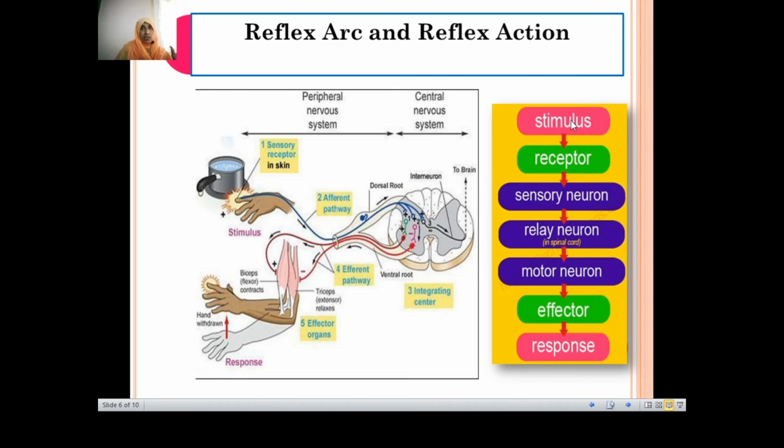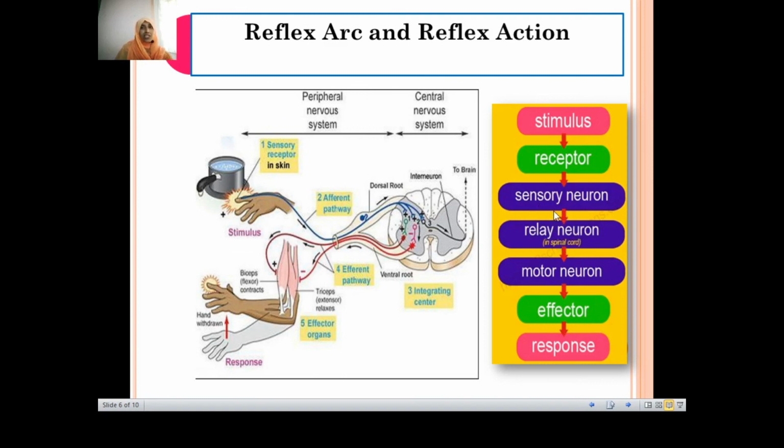You receive the external stimulus, which is heat, and it is sensed by your skin receptors. That in turn is carried by a sensory nerve present in the skin. Then it takes that message in the form of electrical signals to the next neuron, which we call the relay neuron.